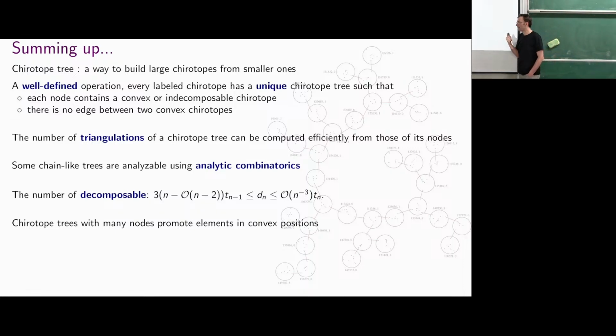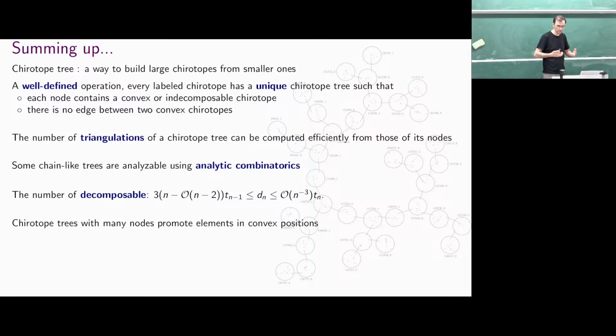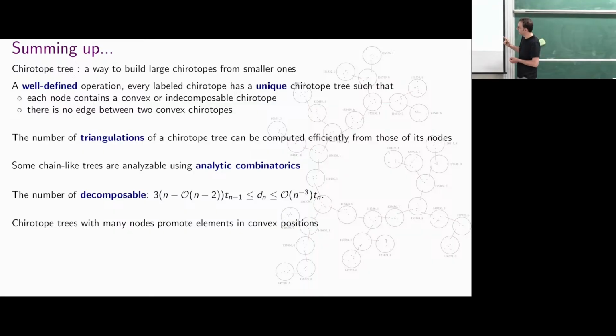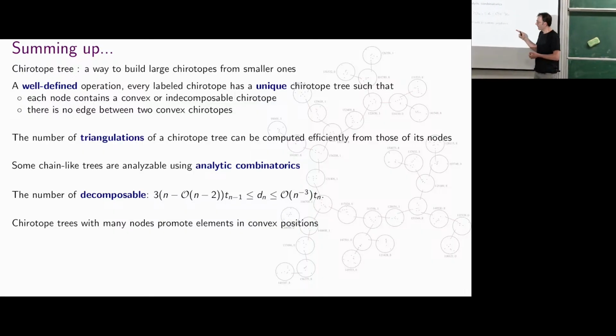You have to bear in mind that most of them have a trivial split into a node of size 2 and another node. So if you really want chirotopes that decompose into very small pieces, I expect there are many fewer of those. When you look at those that decompose a lot, most of the complexity goes in the tree.